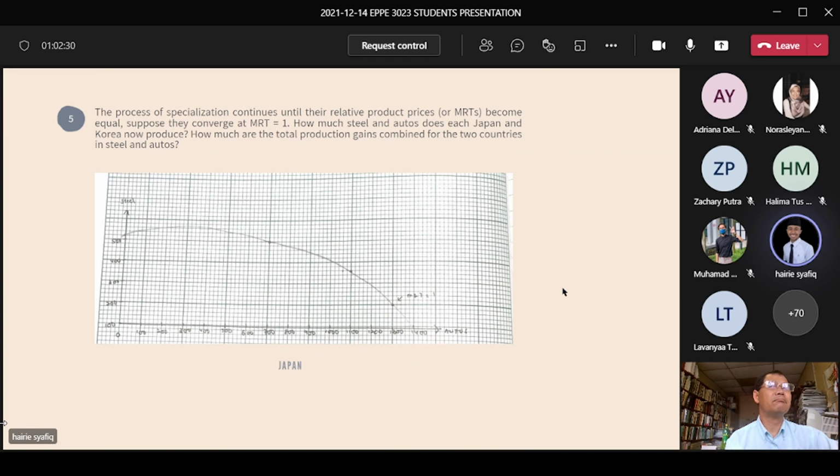As we can see from the graph, at MRT equal to 1 the steel is 200 and the autos is 1,300. This is for Japan when MRT is equal to 1.